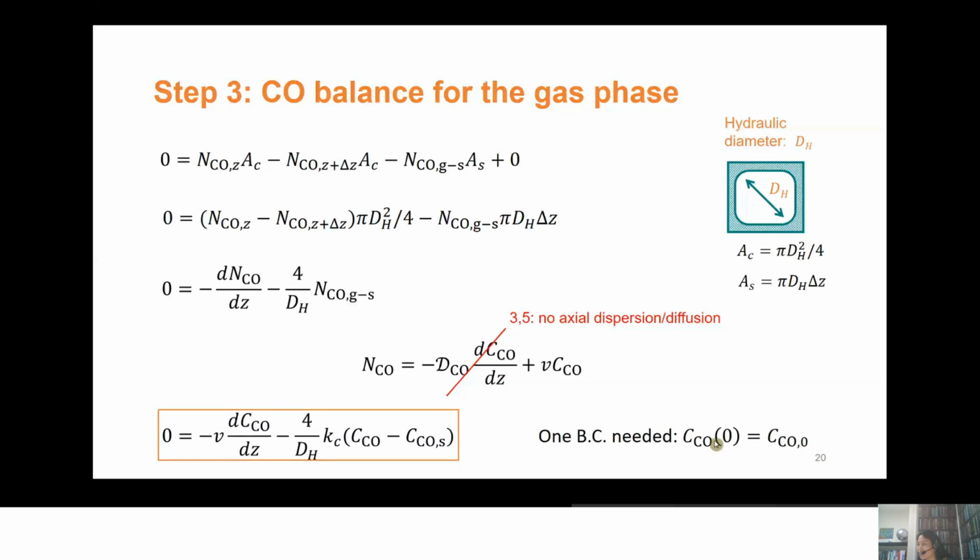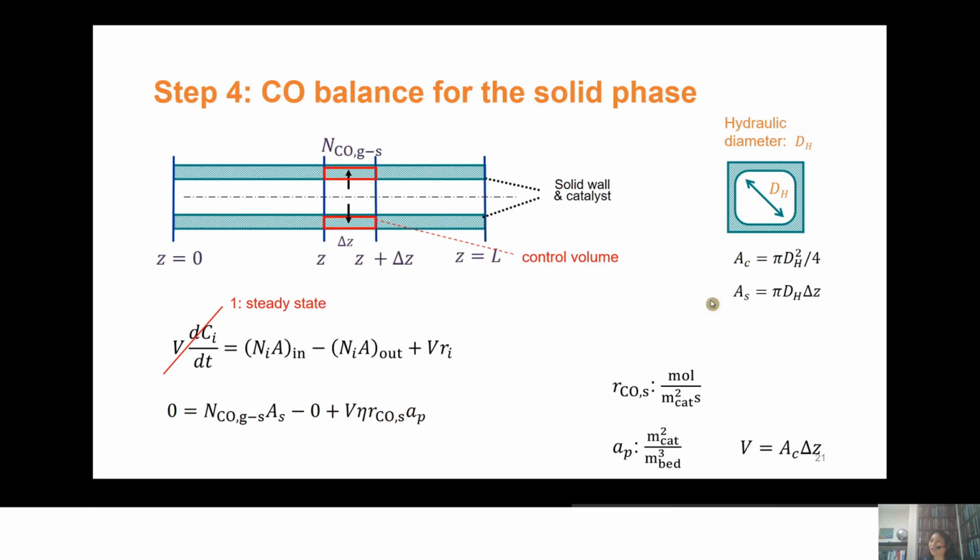We can take that at the inlet: at Z equal to 0, the concentration is the inlet concentration, CCO comma 0. We're not done yet. We've just started. Remember, we're modeling heterogeneous systems, so we have a gas phase and a solid phase. Let's do the solid phase for now.